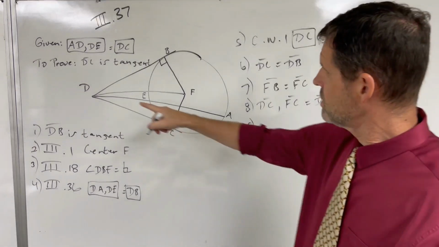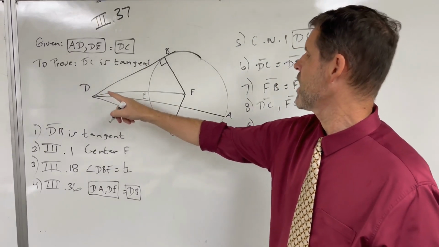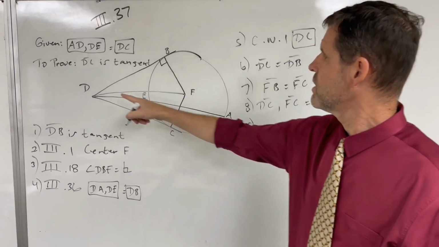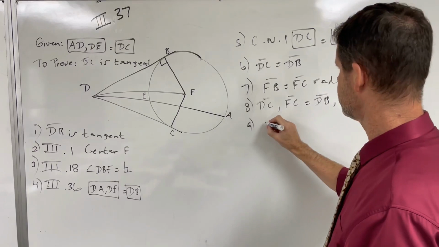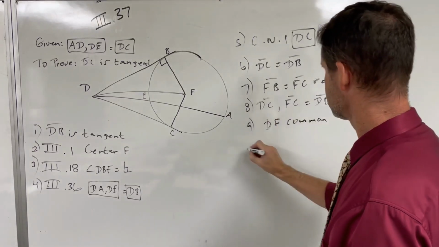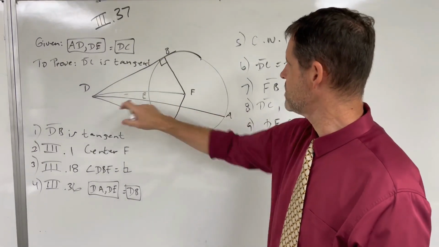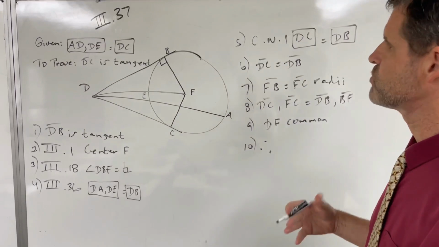And we know that DF is common. If you look at the triangles DBF and DCF, DF is common to both triangles. Therefore, we've got two triangles, DBF and DCF, each with three sides respectively equal.